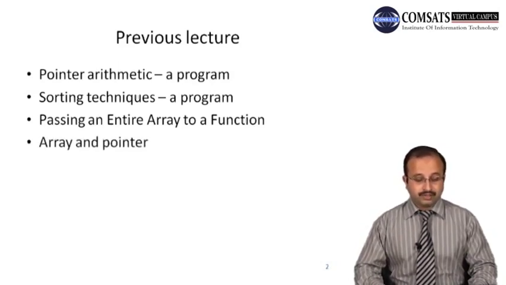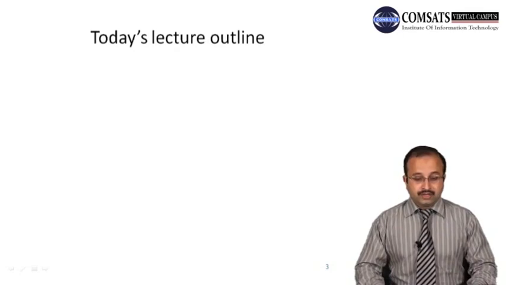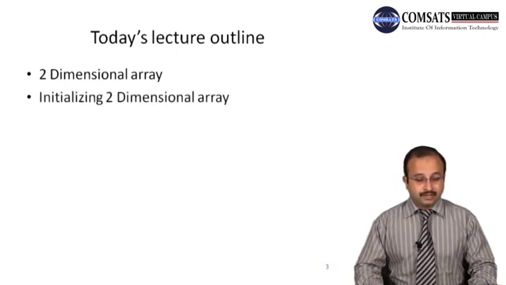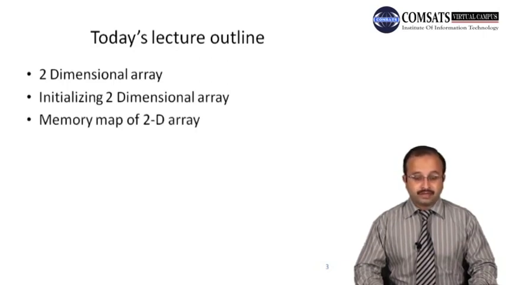Then array and pointers. So today's lecture outline. In today's lecture, I will introduce you a two-dimensional array. We will see what is a two-dimensional array, and so far we have seen one-dimensional array. And then initializing two-dimensional array, memory map of two-dimensional array. 2D stands for two dimension.